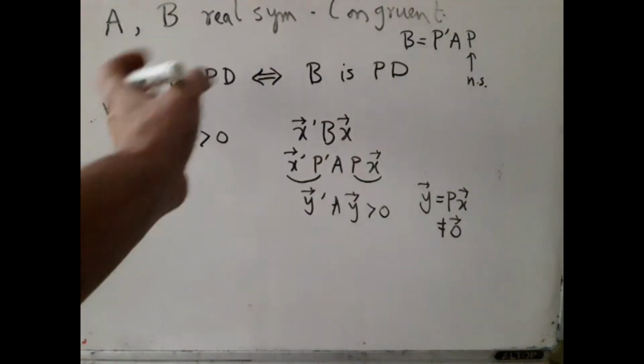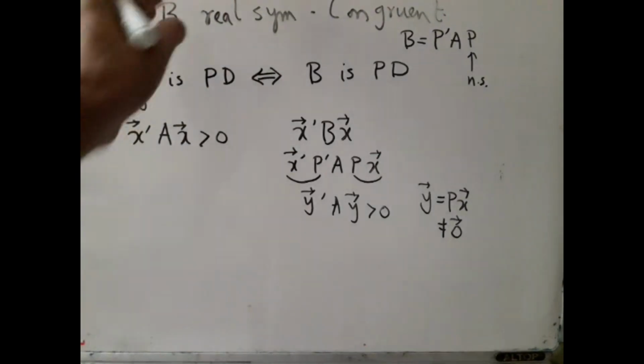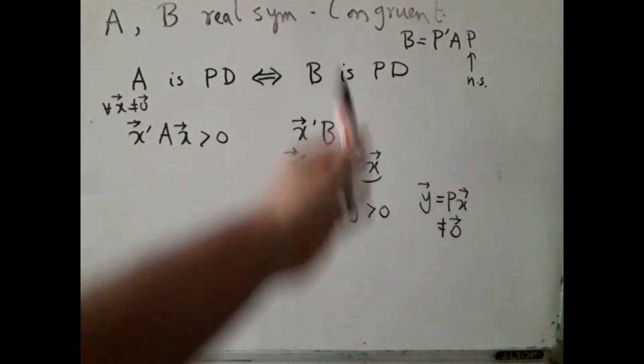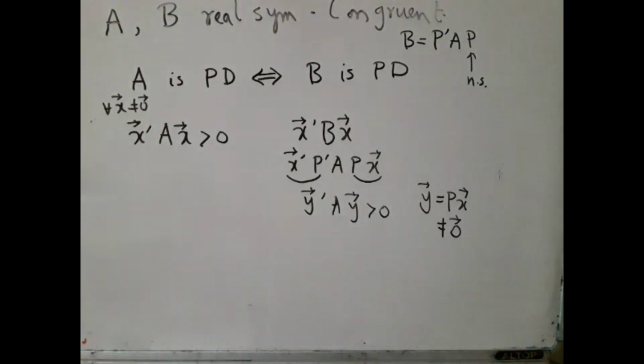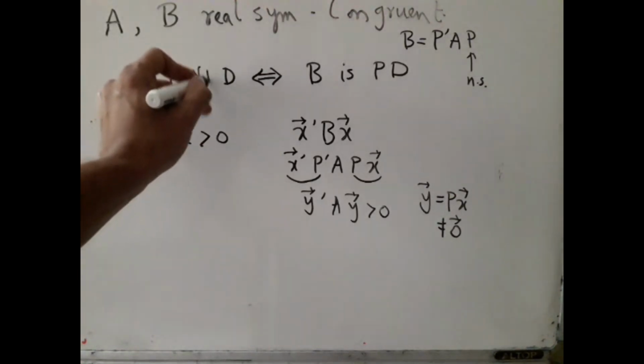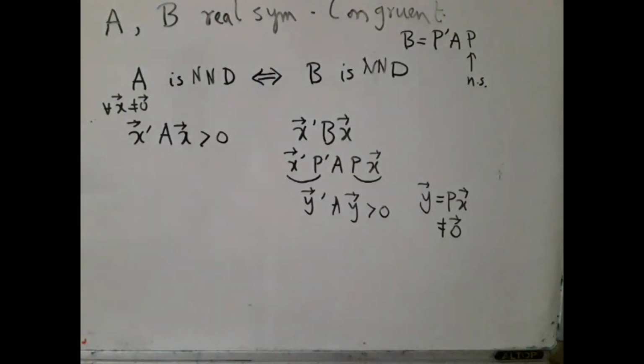Now, of course, since B is congruent to A, A is also congruent to B, so clearly we use the same proof in the reverse direction. Now you can easily see that the same argument essentially works for N and D, and everything else. So all those categories are invariant under congruence transformation.